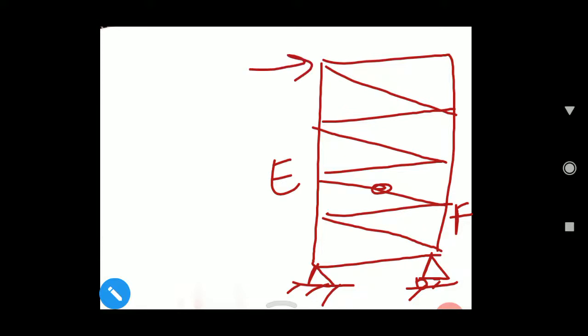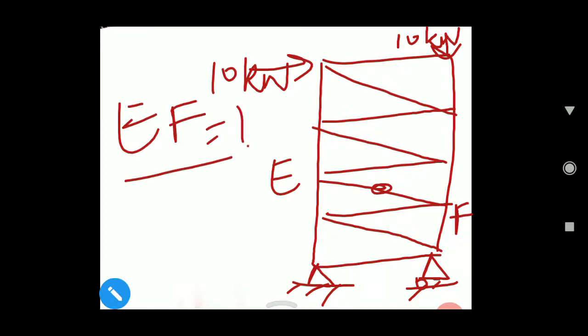A load of, suppose, 10 kilonewton is acting over here, and 10 kilonewton is acting over here. Find the force in member EF. So what was step 1? Step 1 was that we need to cut the section through the member in which the force is to be determined, and the cut section should not pass through more than 3 members. Okay, why not more than 3 members?